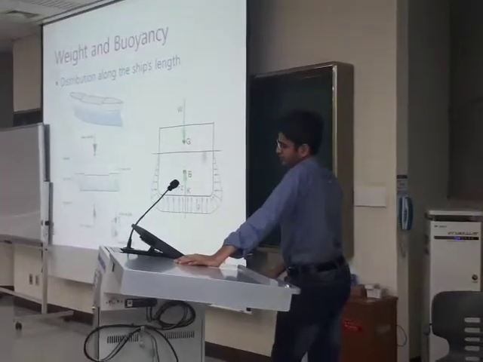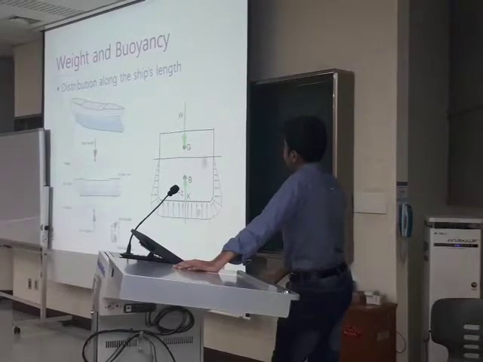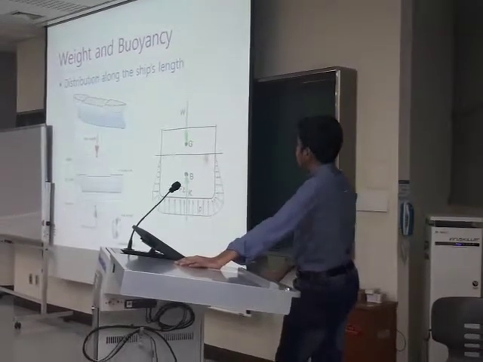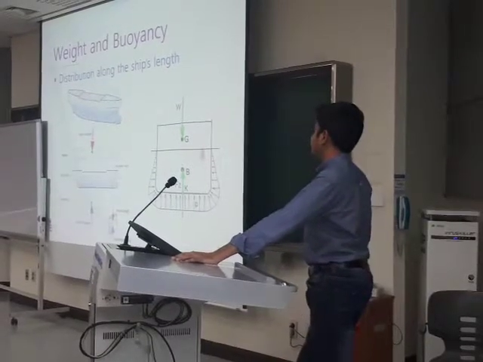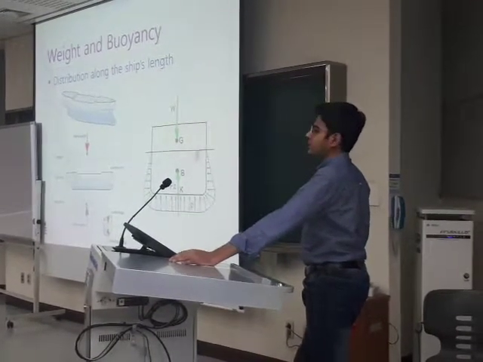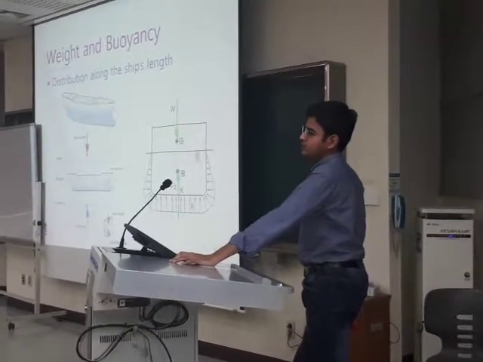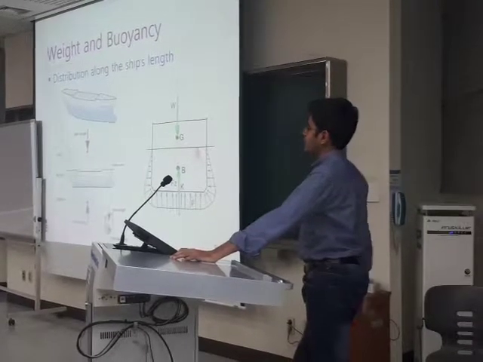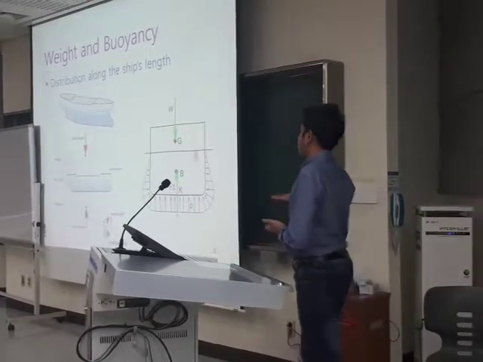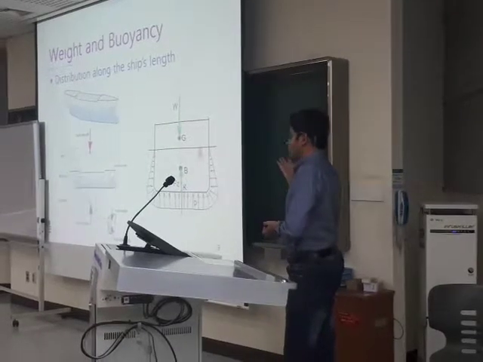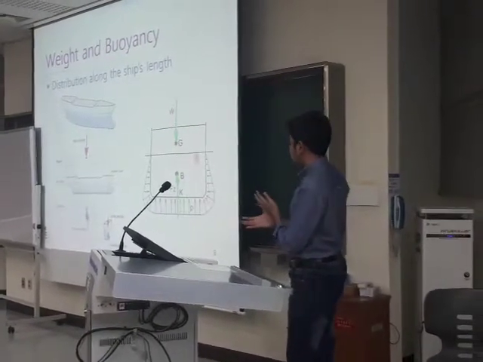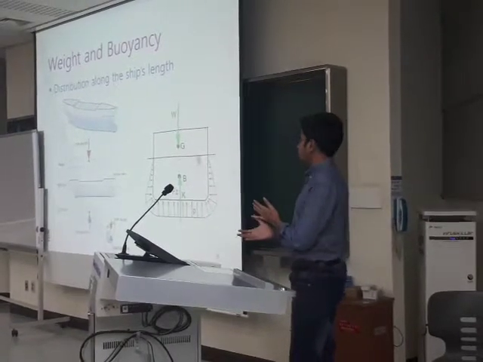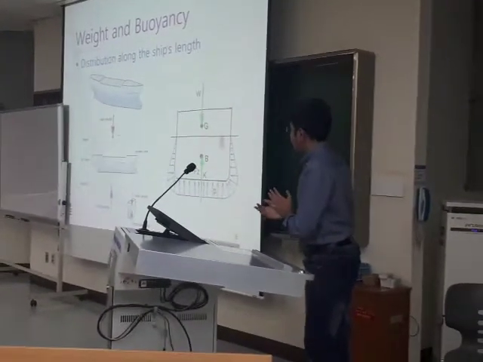Weight and buoyancy. We know that the weight is unevenly distributed and it is acting downward, but at the same time, due to the portion of the ship which is underwater, buoyant forces are acting across the length, and they are also not evenly distributed because it depends upon how much portion is inside the water, and they are in the opposite direction.